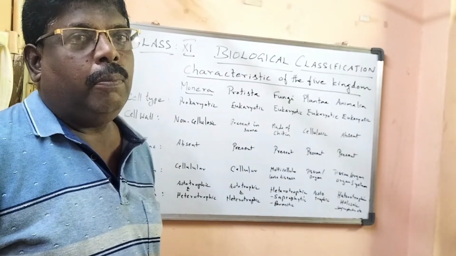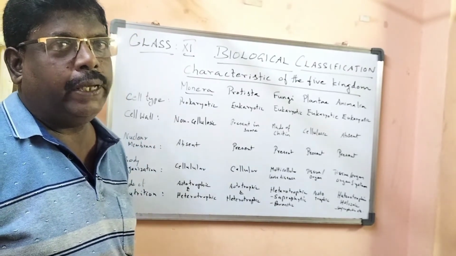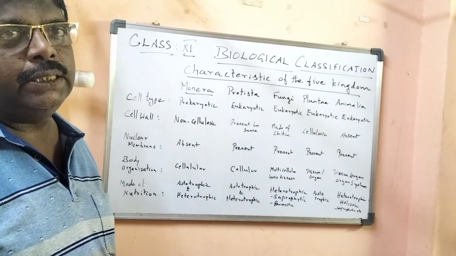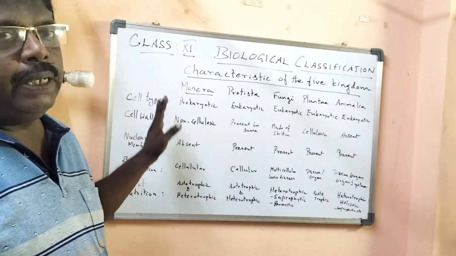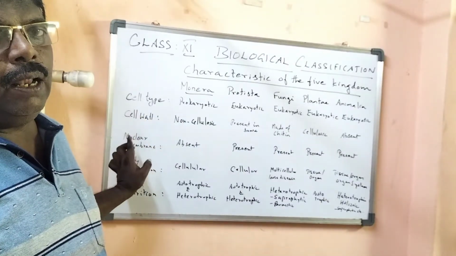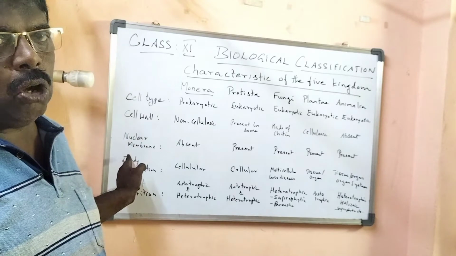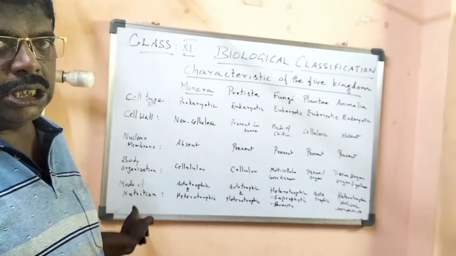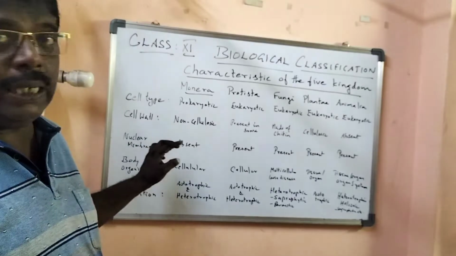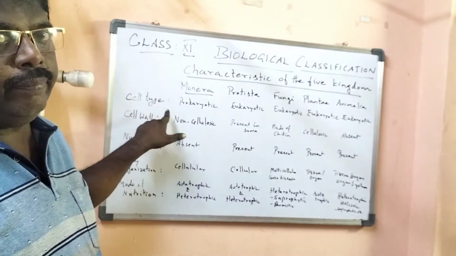Now let us see about the characteristics of five kingdom classification. It is based on the following criteria: cell type, cell wall, whether nuclear membrane is present or not, body organization, and mode of nutrition. One by one, let us see. Cell type.